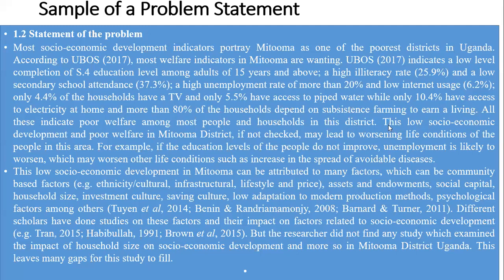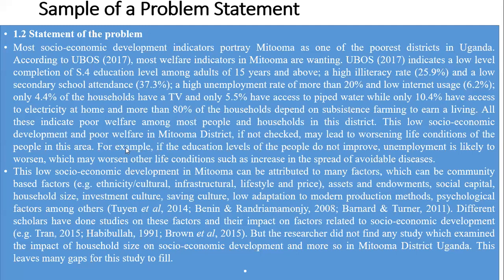This sentence, which starts from here, is showing you the negative effects, where the researcher said that this low socio-economic development, if it is not checked, if we don't work on it, it may worsen conditions of people in this area. By the way, these negative effects are your own researcher made. You may not need to reference them.